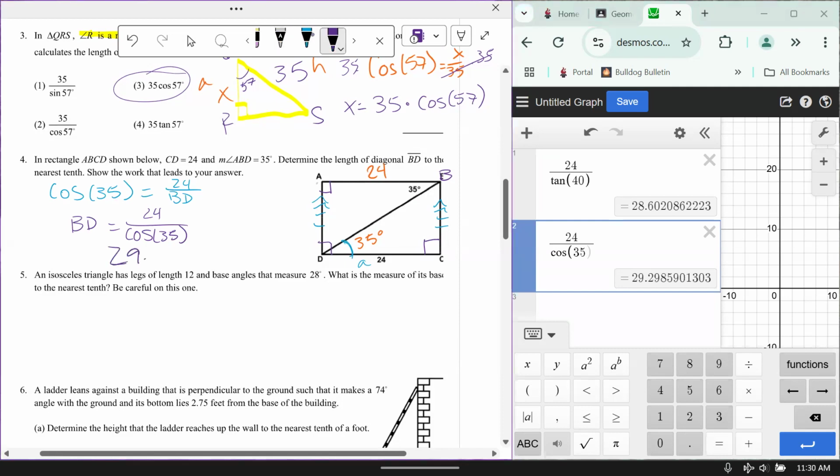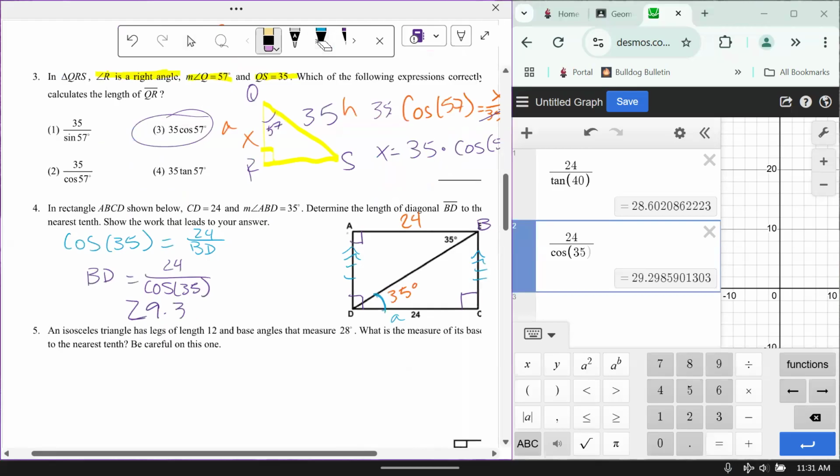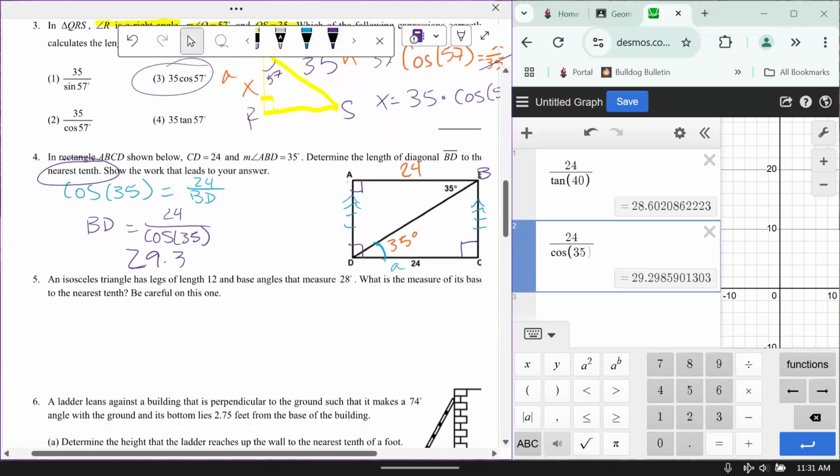If you did two decimals, it would be 29.30 because the 9 would round up because of that 8. Okay. Boom. There we go. And it says to the nearest tenth, so we actually don't need that, so it'd be 29.3.